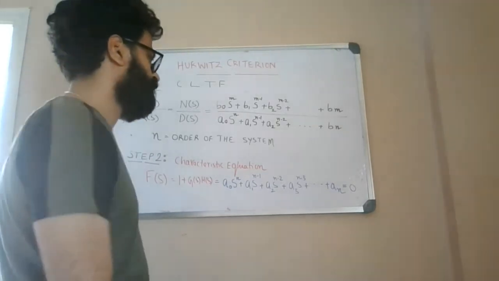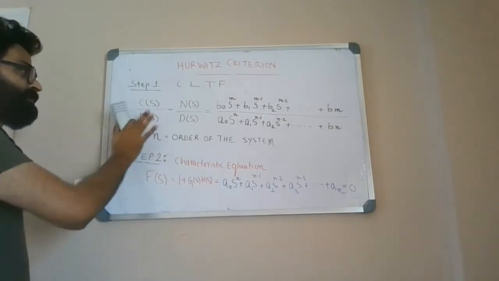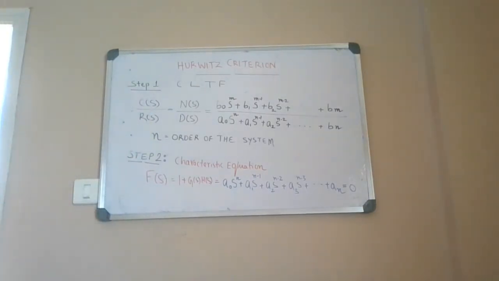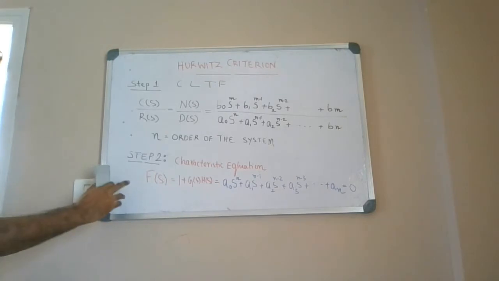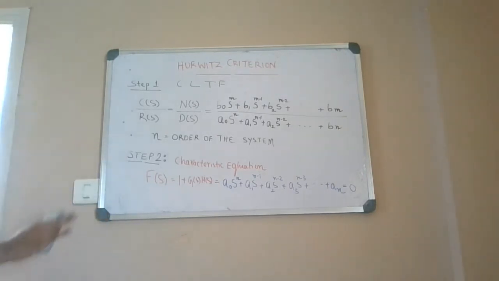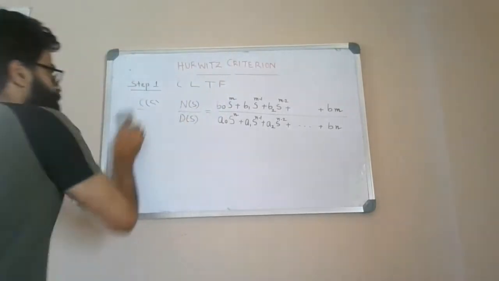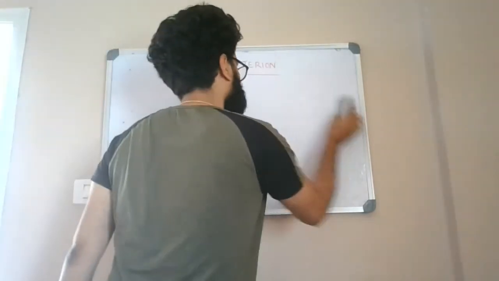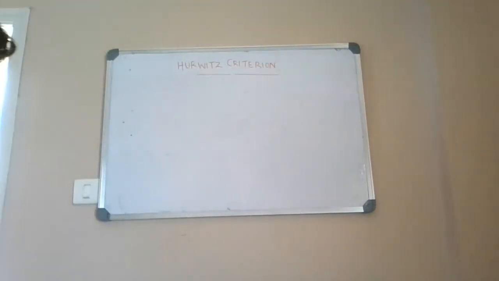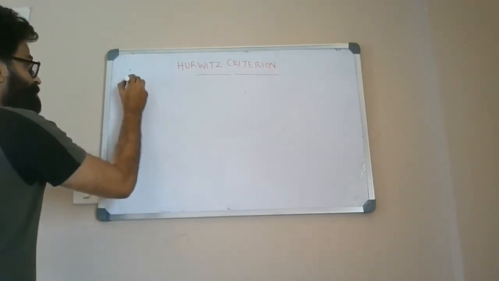All right, so you have written the closed loop transfer function in step 1, and you have also written the characteristic equation in step 2. So now let's go to the third step. From the third step onwards, your Hurwitz criteria calculation starts.